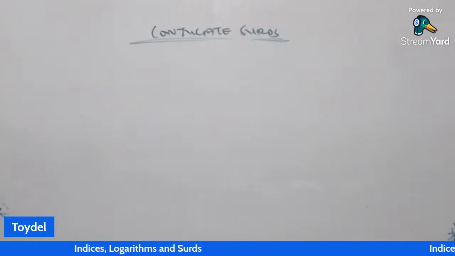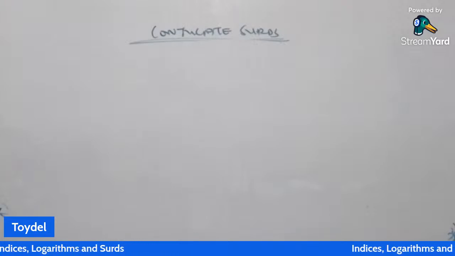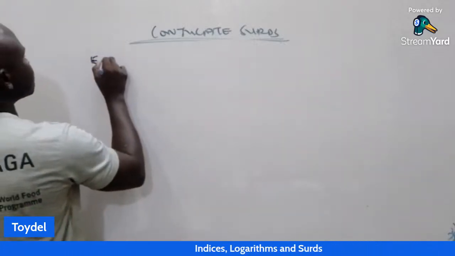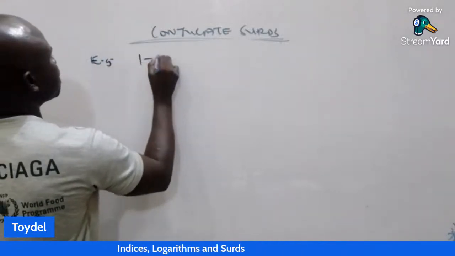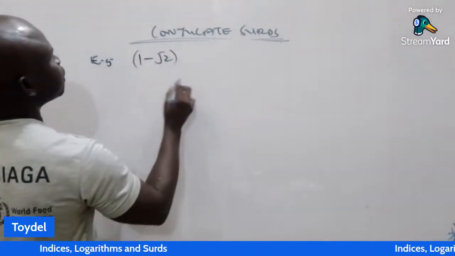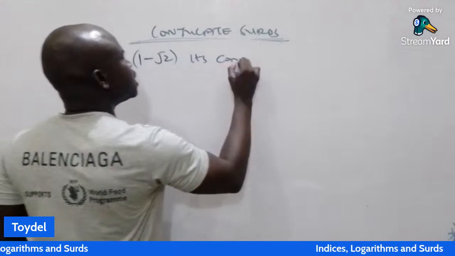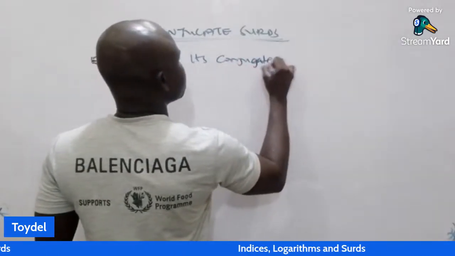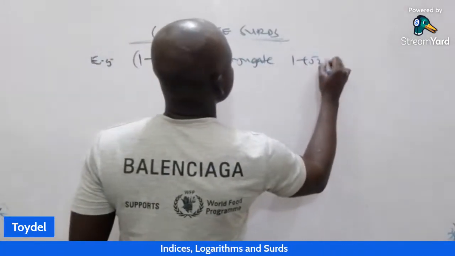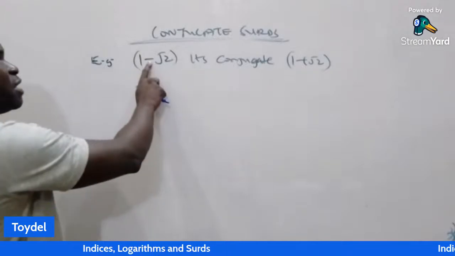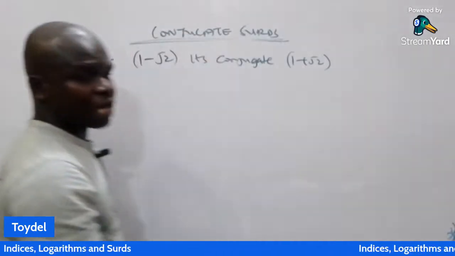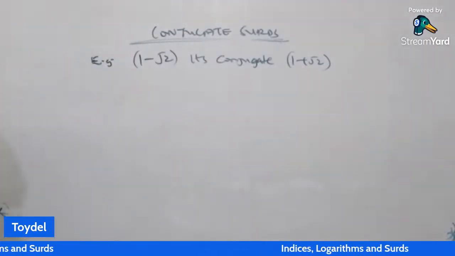For example, if you have a surd 1 minus root 2, like the example that we have, its conjugate will just be 1 plus root 2. Conjugate simply means if it is negative, change it to positive, and if it is positive, you change it to negative.